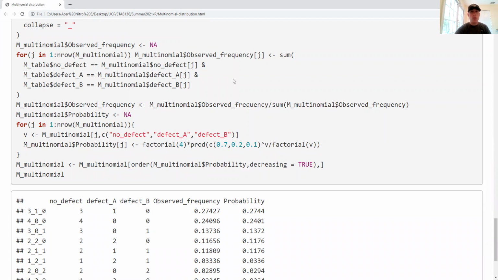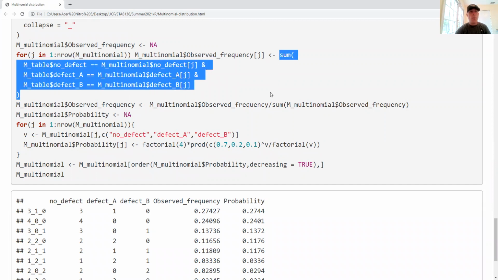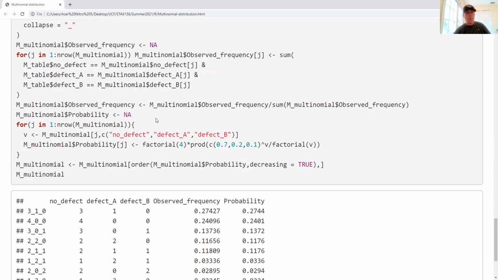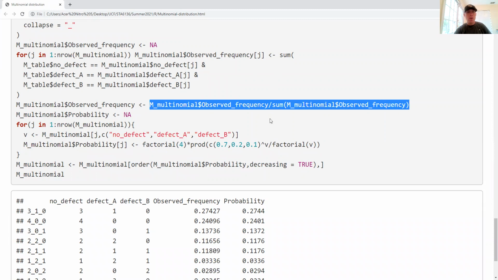This is just figuring out the number of times I have the corresponding counts for each observation, and then I add up all the times it works out. And here I am rescaling to make sure that I have a probability value. That way I can compare my observed probability with my theoretical probability.